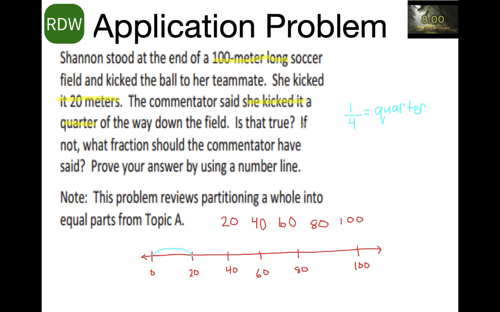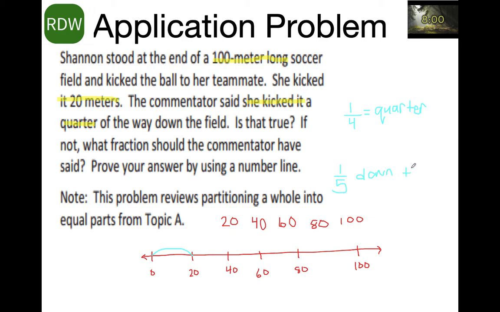That is not true. So it says, if not, what fraction should the commentator have said? And so the commentator should have said that she kicked it 1/5 down the field.